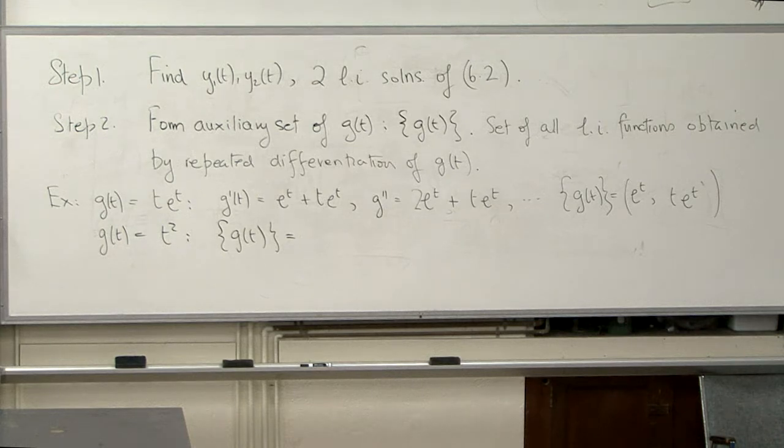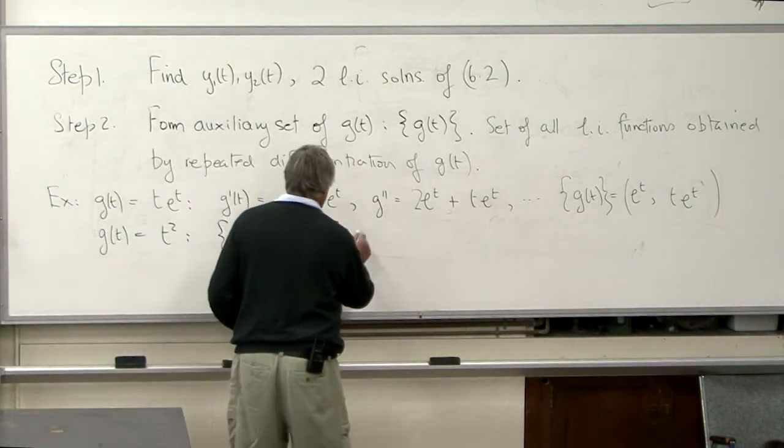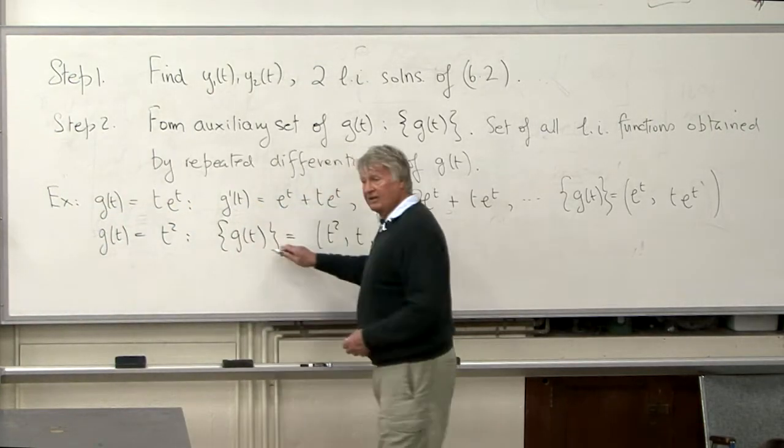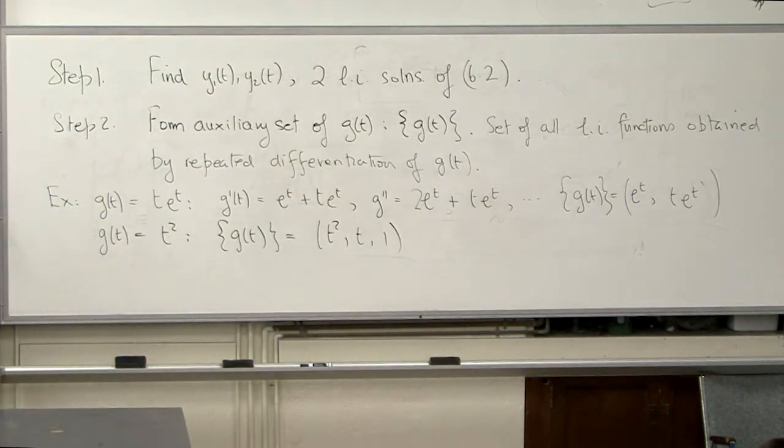So give me the linearly independent functions that everything is a combination of. T squared, t, and 1. Because everything you get by repeated differentiation of g can be written as a combination of t squared, t, and 1.